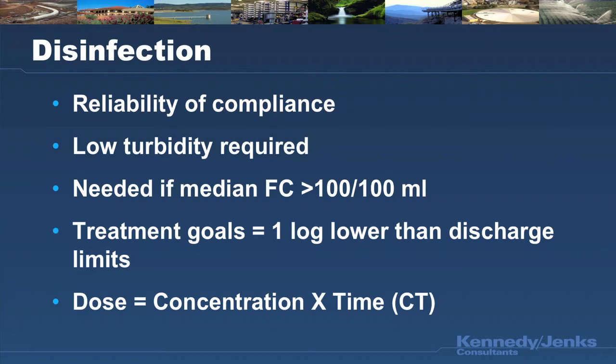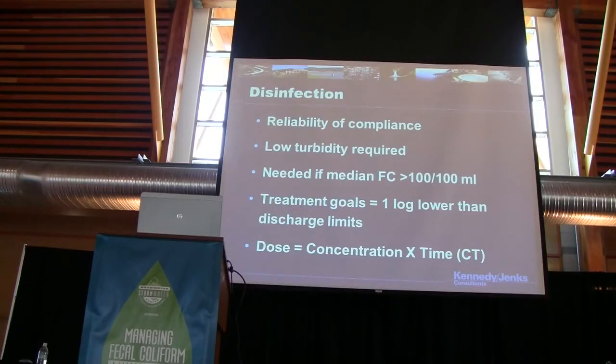Generally, if your median fecal coliform is greater than 100 per 100 ml, some type of disinfection is required to have reliable compliance. And I would recommend at least one log lower as your treatment goal than the discharge limit. So if your max, say, is 100, the treatment goal should be 10 per 100 ml.